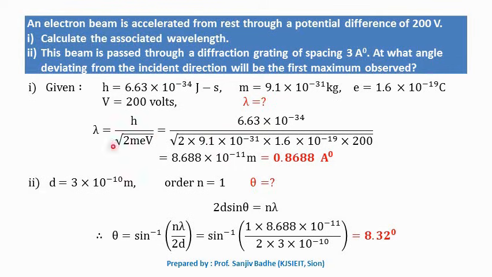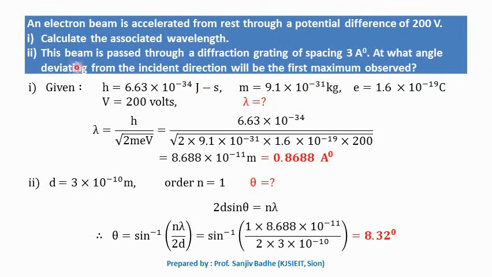So with these values we can calculate the wavelength of the wave associated with the electron as 8.688 into 10 raised to minus 11 meters, which can be written as 0.8688 angstroms. So this is the wavelength of the wave associated with the electron in the problem.